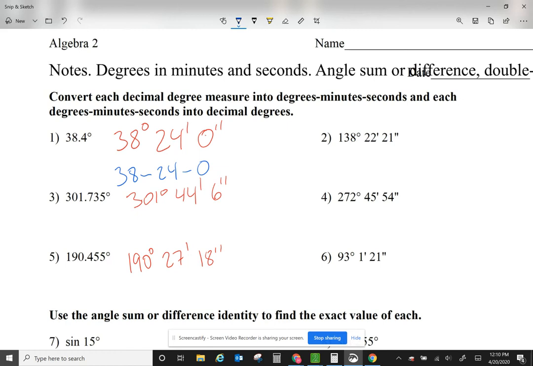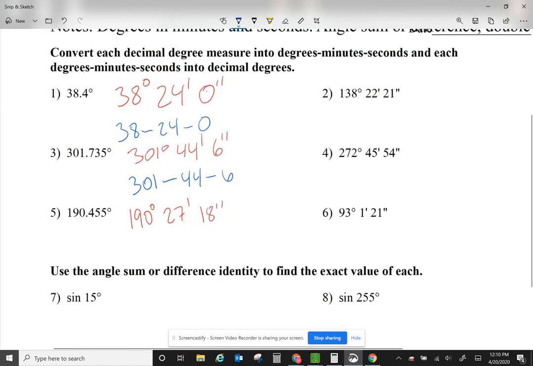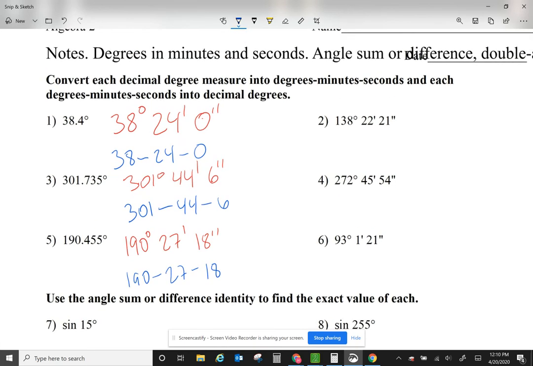How am I going to type question number 3? 301 dash 44 dash 6. So 301 degrees, 44 minutes, 6 seconds. And obviously question number 5, you are going to type it as 190 dash 27 dash 18: 190 degrees, 27 minutes, 18 seconds. How to write it is in red. How to type it is in blue.